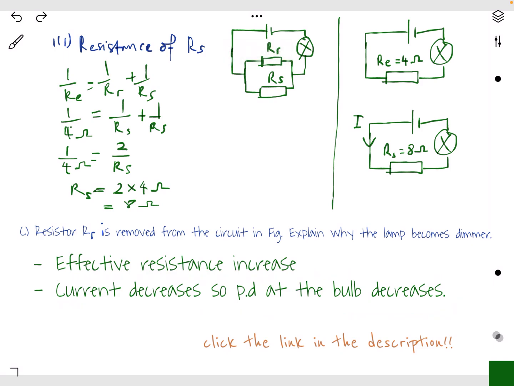The current decreases because the resistance here increases, so the current that flows through this bulb also decreases. So what happens is the voltage here will be low also because V equals IR. When current decreases, voltage also decreases. That is why it becomes dimmer.